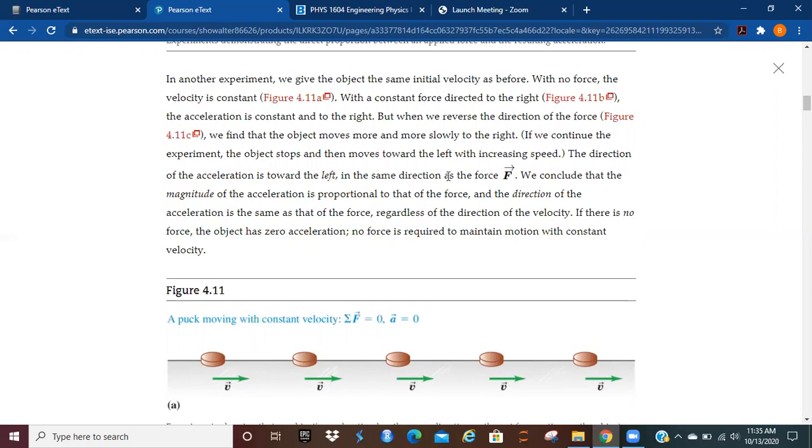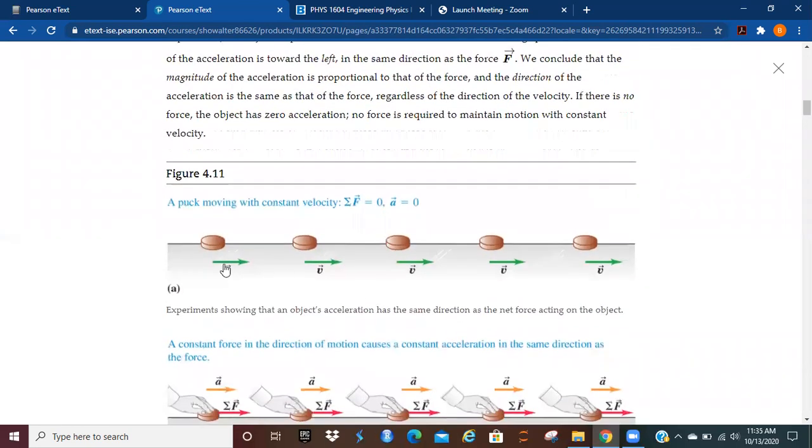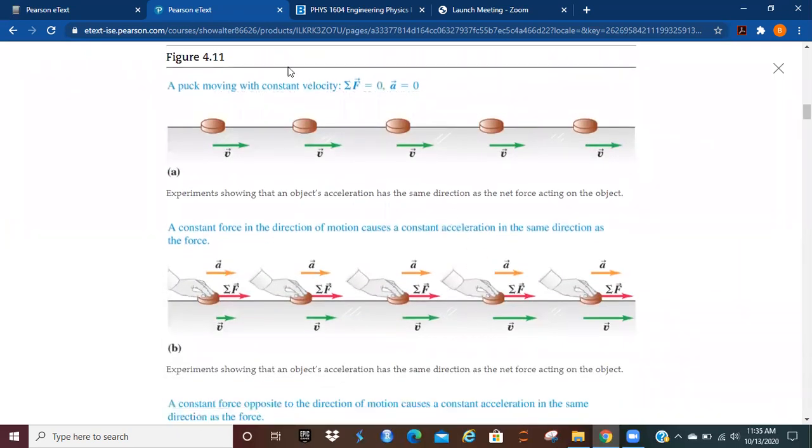We conclude that the magnitude of the acceleration is proportional to that of the force, and the direction of the acceleration is the same as that of the force, regardless of the direction of the velocity. In other words, it doesn't matter what the velocity's direction is, the acceleration is going to end up changing it, or accelerating it, depending on which direction the force is being applied.